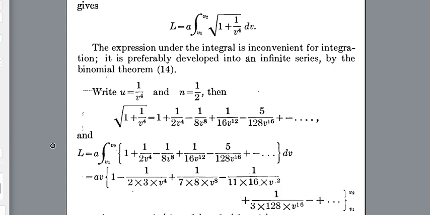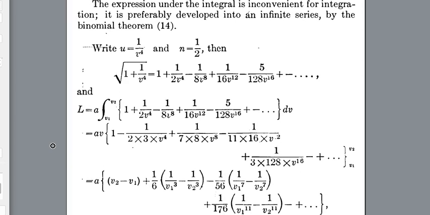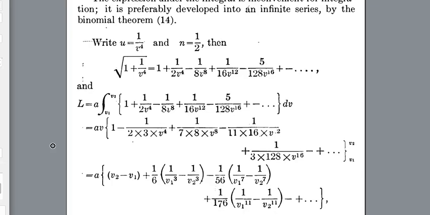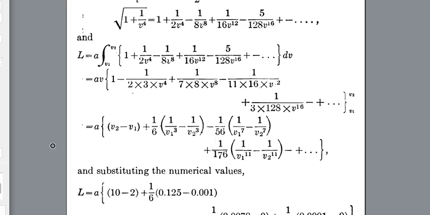the quantity 1 plus 1/2 times the fraction 1 divided by v to the power of 4, minus 1/8 times the fraction 1 divided by v to the power of 8, plus 1/16 times the fraction 1 divided by v to the power of 12, minus 5 over 128 times the fraction 1 divided by v to the power of 16, and so on, multiplied by dv.